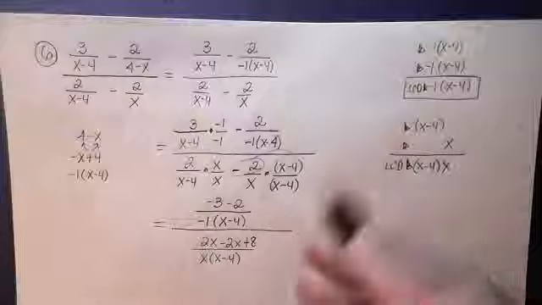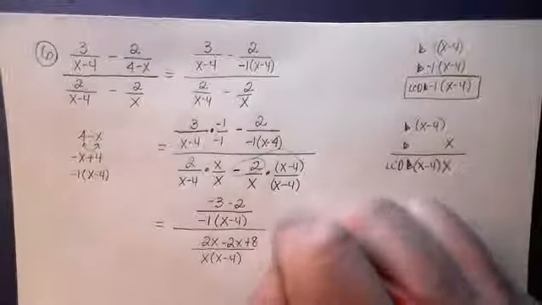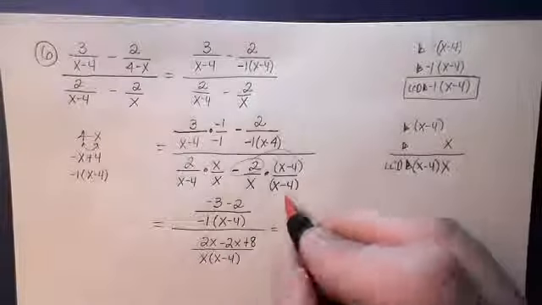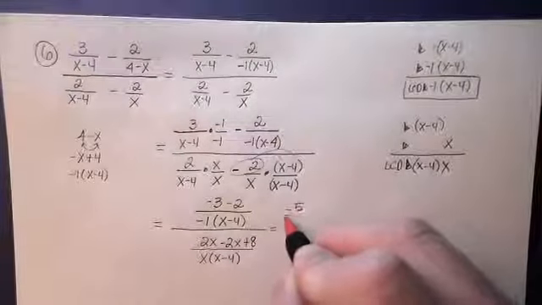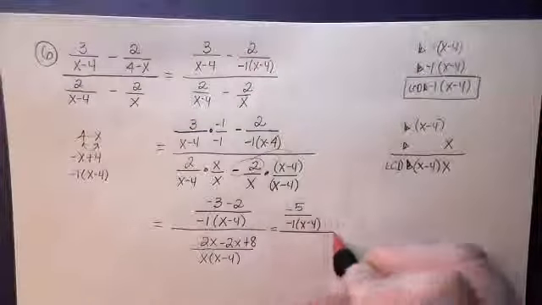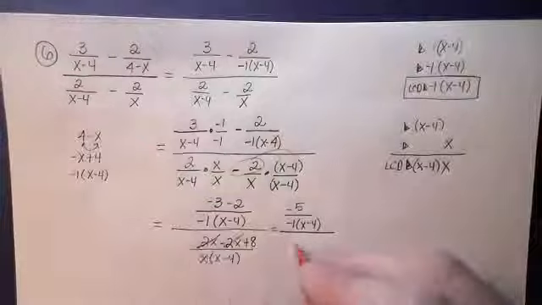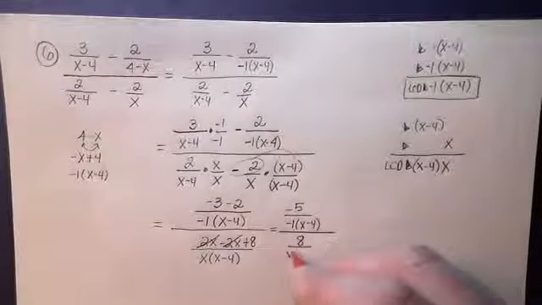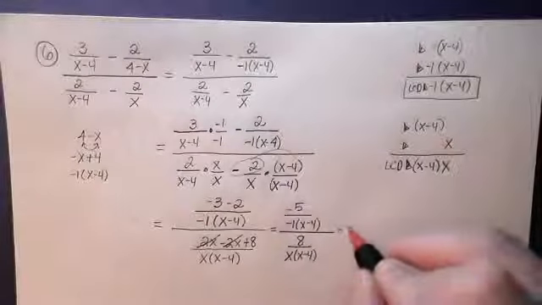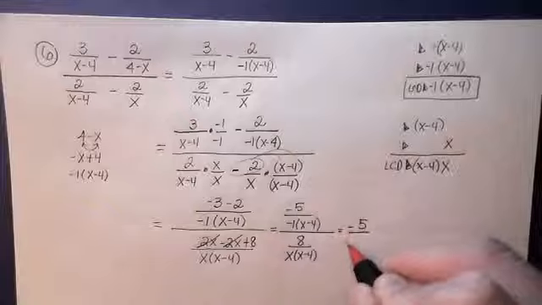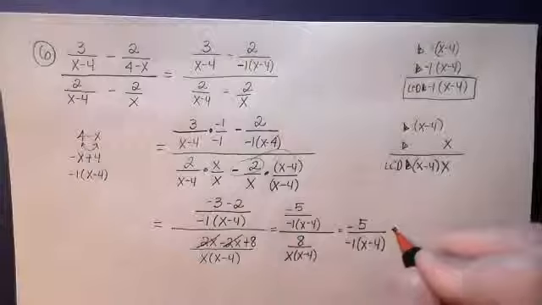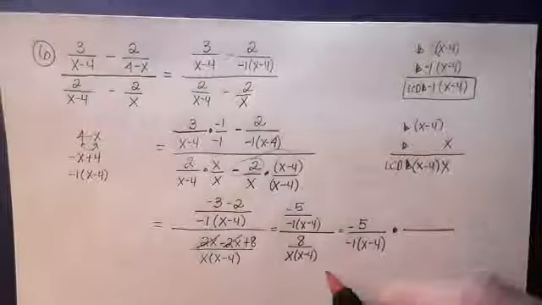Let me go ahead and erase and do it here on the side. So here we're going to have negative 5 on top, negative 1 x minus 4, divided by the 2x goes away, so I'm left with 8 over x minus 4. Alright, now we're ready to do the division. So basically we're going to copy the first term and change the division to times, and copy the second term, but we're going to flip it.